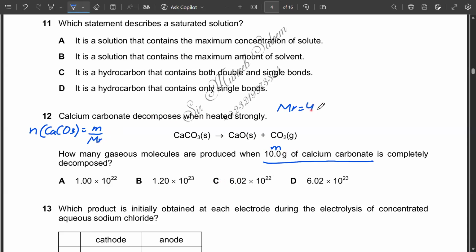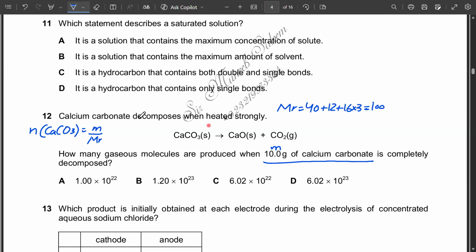Calcium mass is 40, carbon mass is 12, and oxygen mass is 16. So there are 3 atoms, 16 times 3. This will be equivalent to 100.